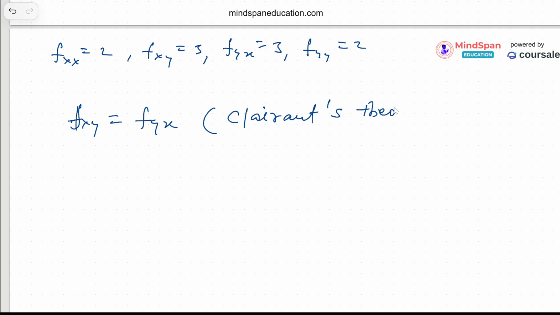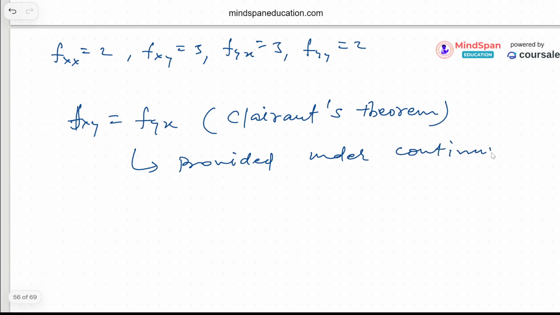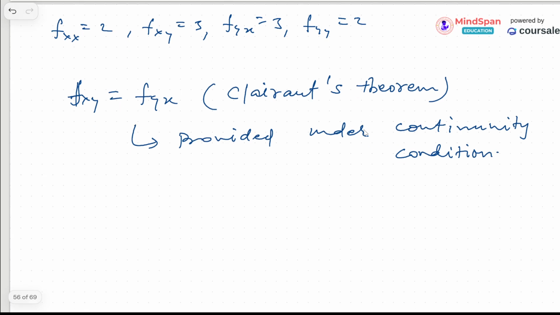As per the Clairaut theorem, fxy becomes fyx provided, under the continuity condition, that these things are continuous. I will not go deeper into this right now, since I'm just giving you a brief idea. So as per the Clairaut theorem, under the continuity condition, fxy becomes fyx. Here we have that as equal, 3 and 3.